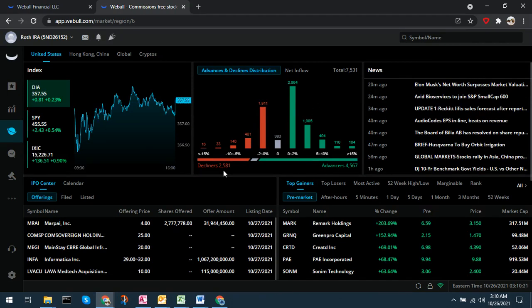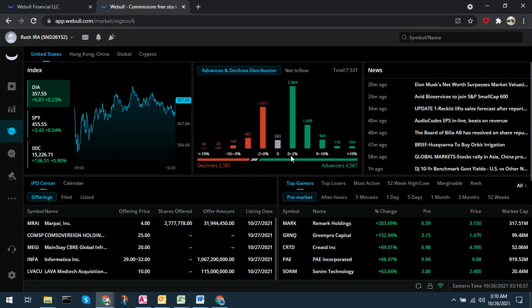So in the center of the market screen in Webull, we see the advancers and decliners distribution pane. And so we can see a count and a histogram of the advancers decliners for the given day.